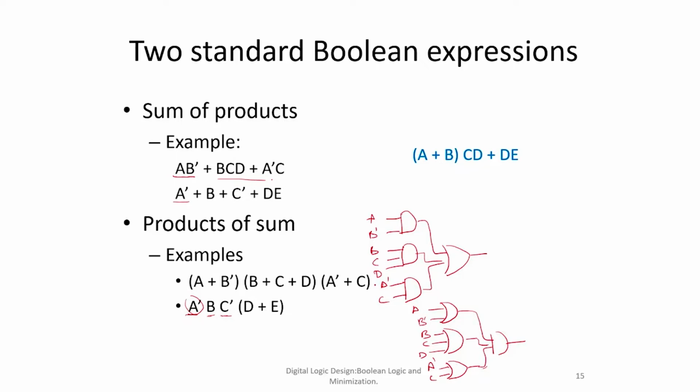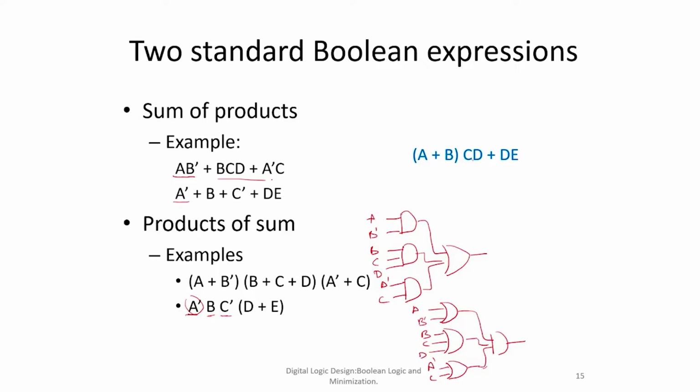So if you see, A plus B is getting multiplied with C and D. So that means this is a sum of product, we can say, or we can also call it one sum term, but it is getting multiplied with C and D, which is a product term, and again D and E is a product term and it's getting summed here. So that means this is neither sum of product nor product of sum. The reason is because it's a mixture of both.